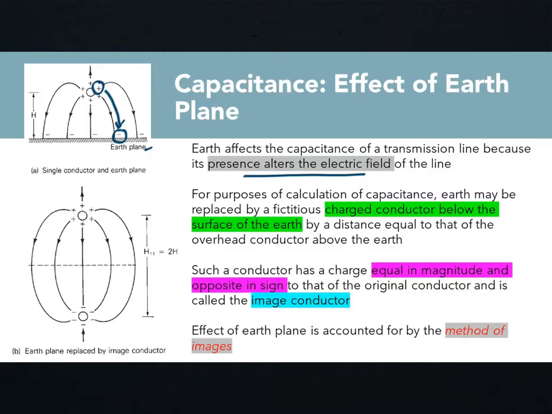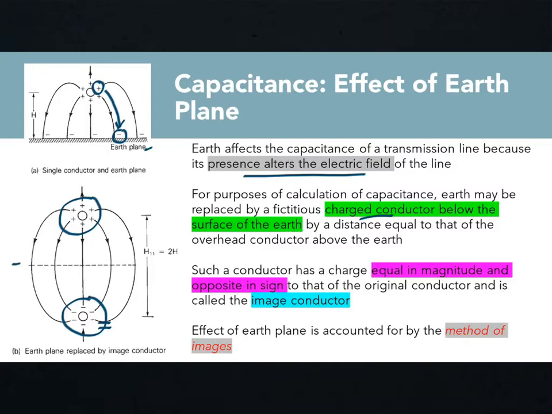So, in the calculation of capacitance, the earth may be replaced by a sort of charged conductor below the surface of the earth. So, ito yun. The distance will be equal, of course. As if itong positive charge conductor mo is a reflection nitong negative charged conductor that is below the surface.